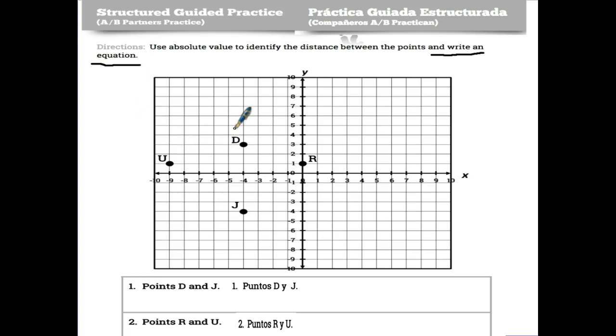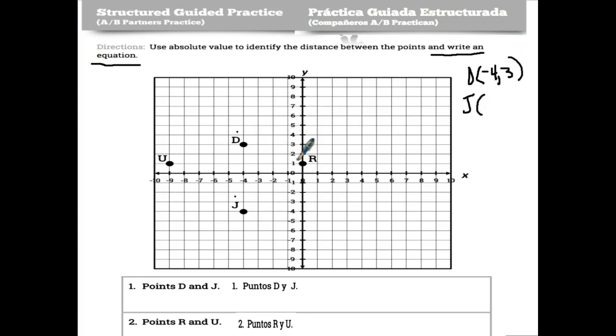And I'm going to start with D and J. I'm going to do the first one, and then I'm going to have you work together for the second one. So I'm going to find the coordinate points for D and for J. So D, X is -4, and Y is 3.